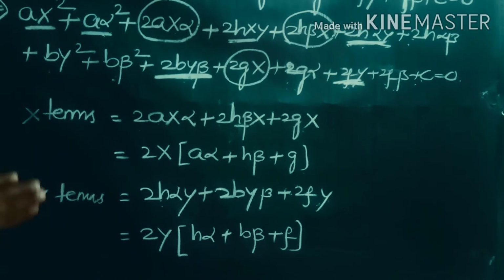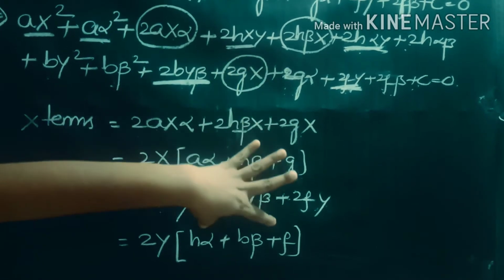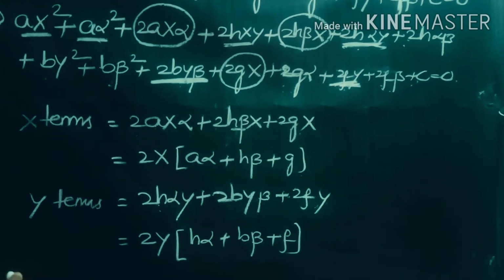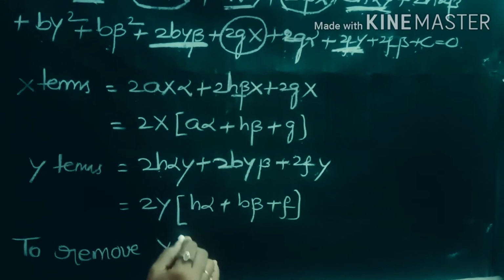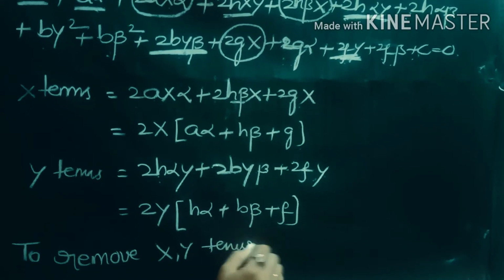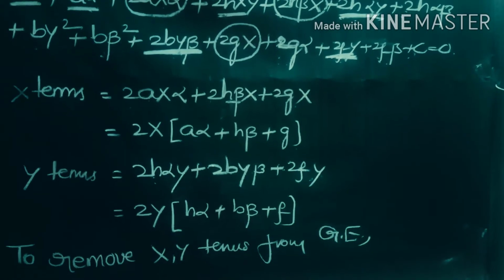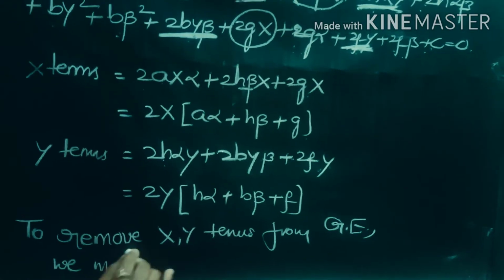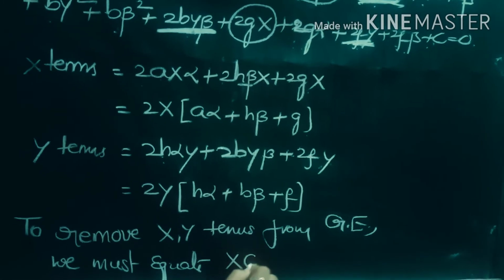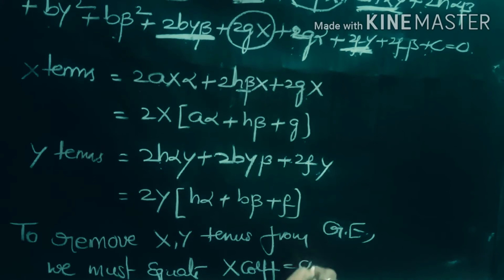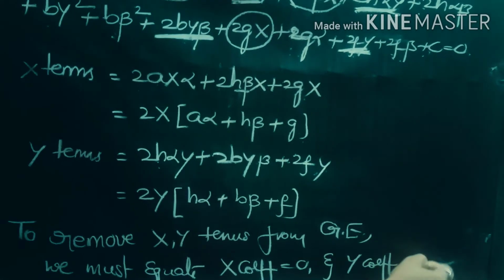Now to remove the x and y terms from the given equation, we must equate the x coefficient to 0 and the y coefficient to 0.